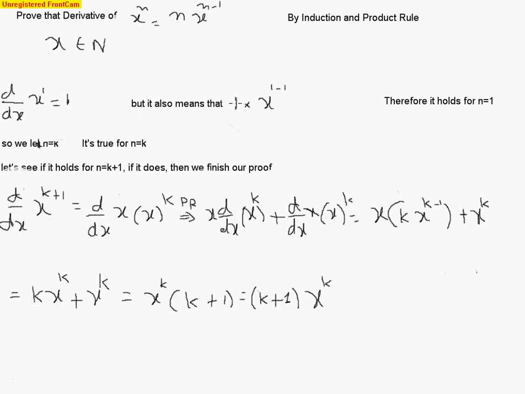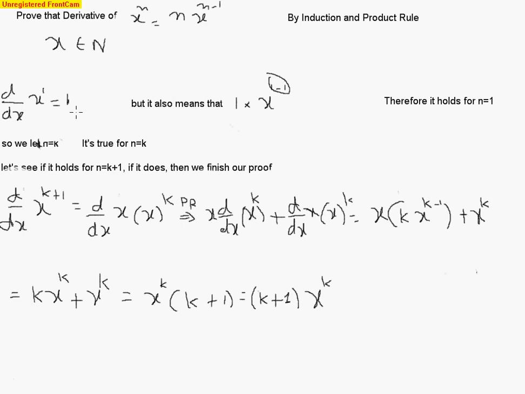Here we can see that this expression is equivalent to this expression right here, where we have n as 1 and n minus 1 is right here. So now we can see that it holds for n equal to 1.